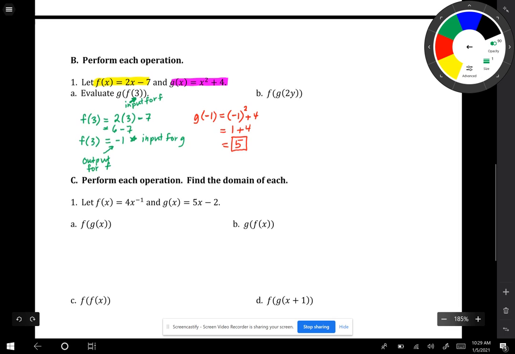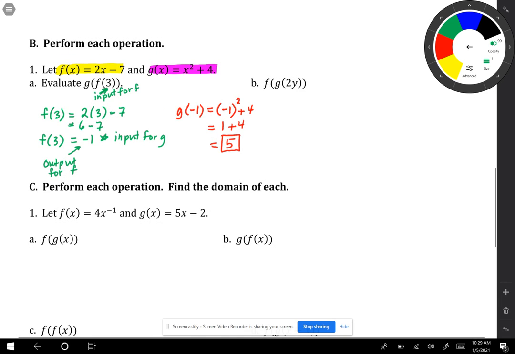For the next one, this is our input for g. So we go to the purple function, and we replace the right side with 2y, wherever you see an x. So 2y squared plus 4. 2y times 2y is 4y to the second power. And that is your output for g.